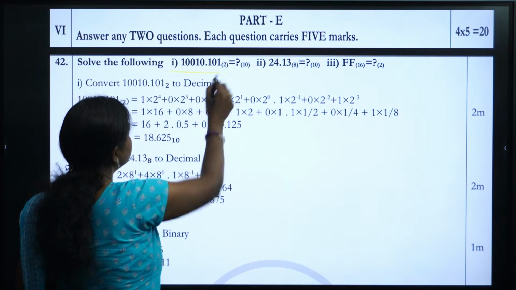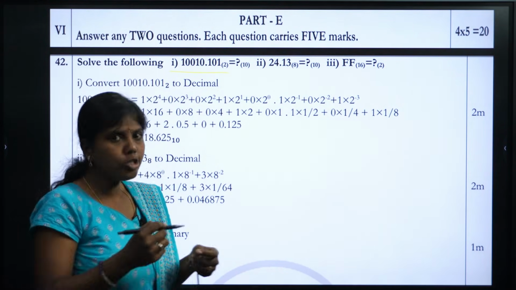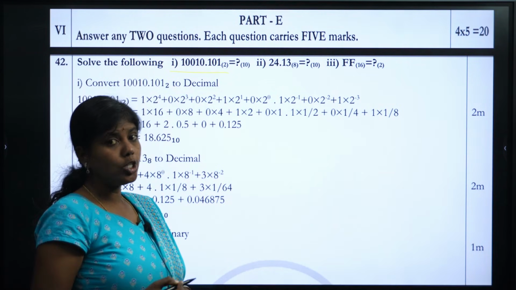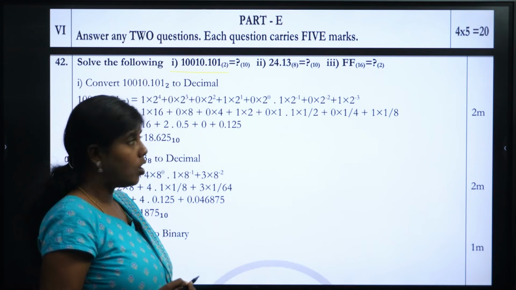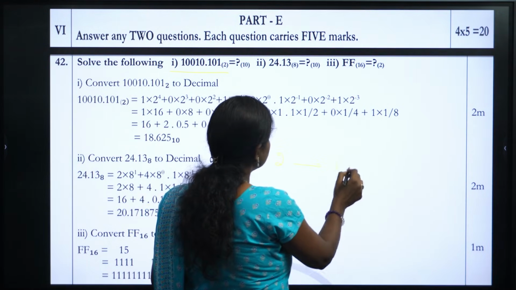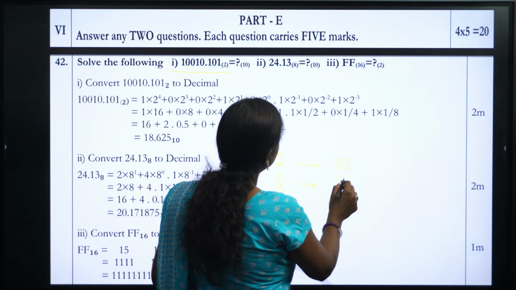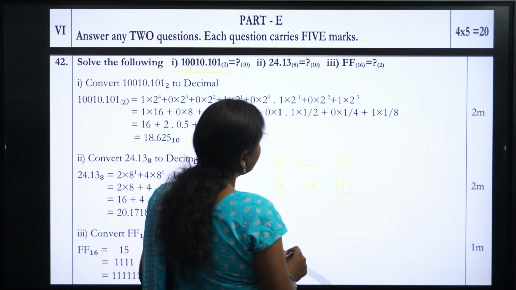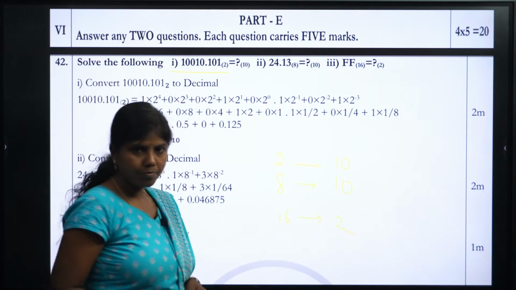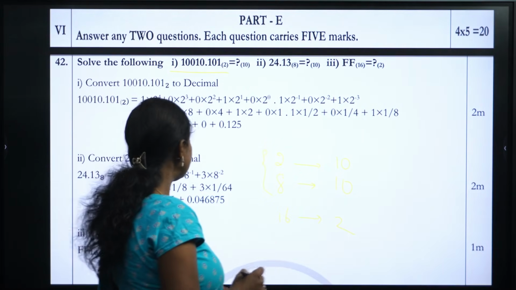We have 10010.101, which is binary. Binary should be converted into the decimal number system. Similarly, an octal number with base 8 should be converted into decimal, and hexadecimal, base 16, should be converted into binary.